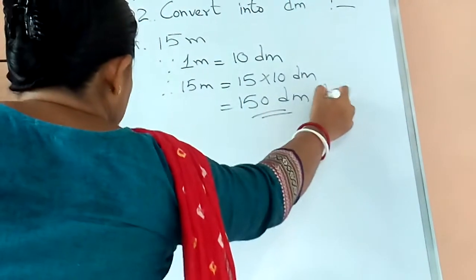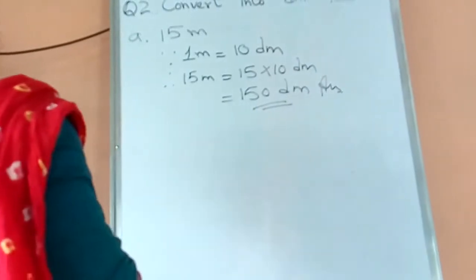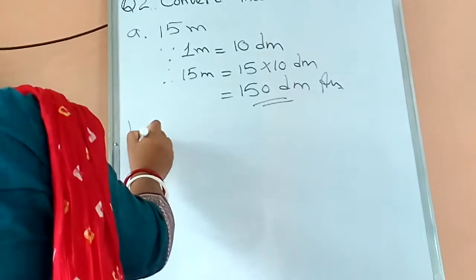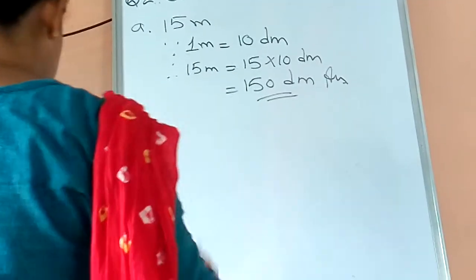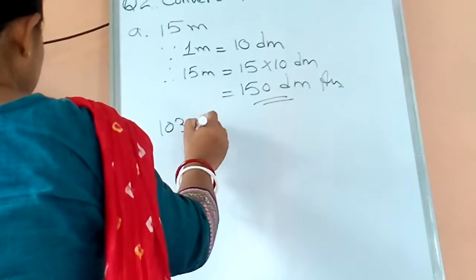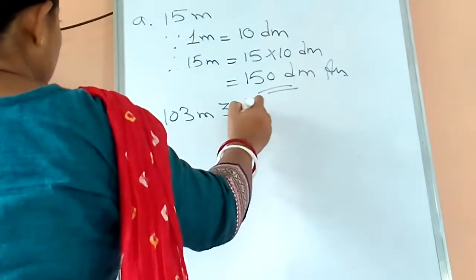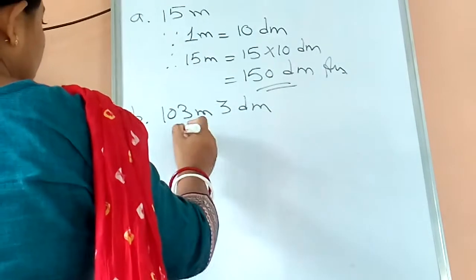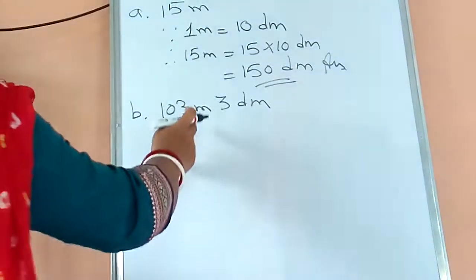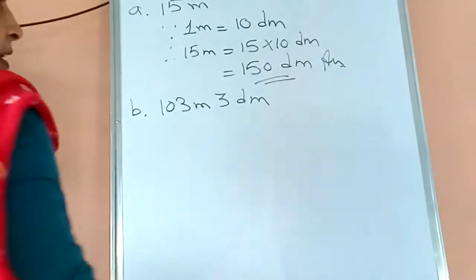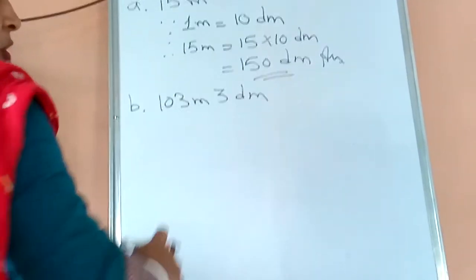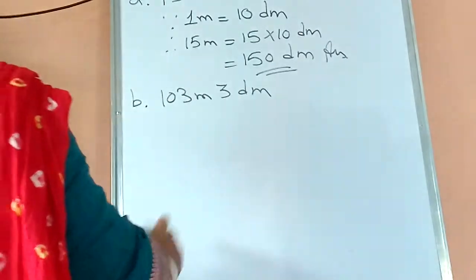Okay, so this is the answer. Now one more we will do. 103 meter and 3 decimeter. The same thing, one is given in meter and the other is given in decimeter. So the decimeter will not change, only the meter portion will change.